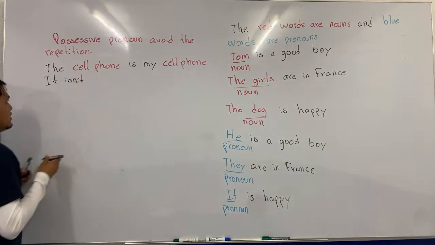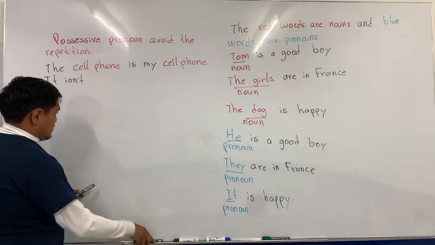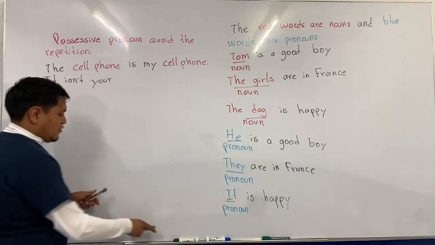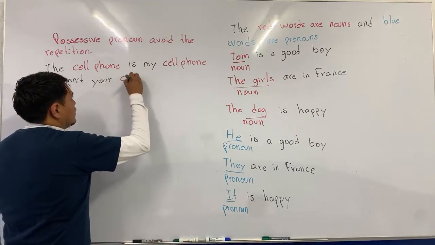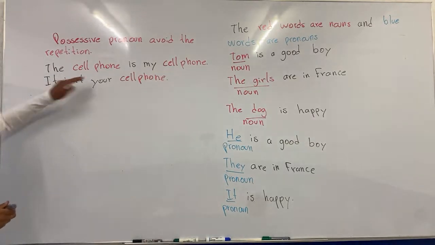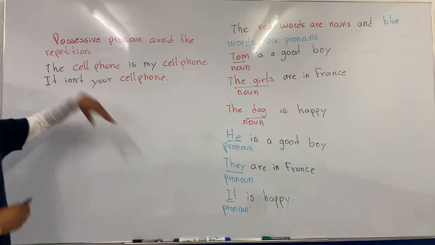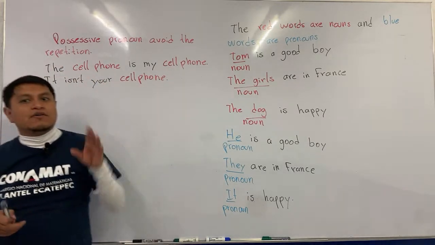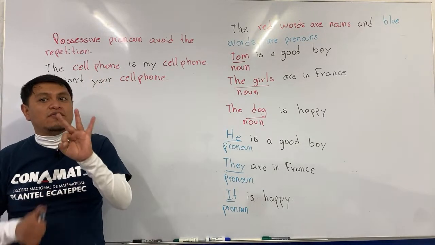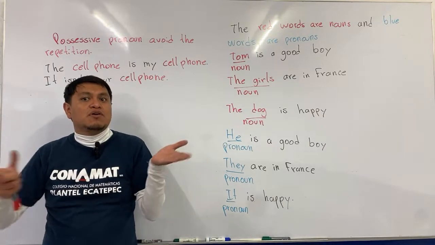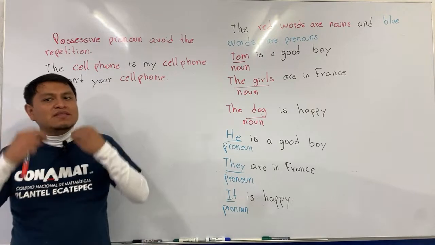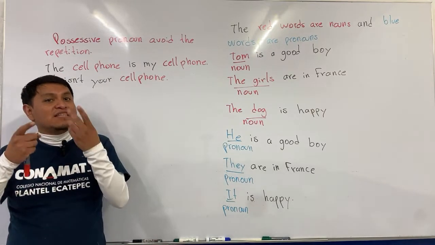It isn't your cell phone. Right? Cell phone, and again, cell phone. You can see in this sentence, we say three times cell phone. The sentence is correct, but it doesn't sound good because we are repeating cell phone, which is the noun.